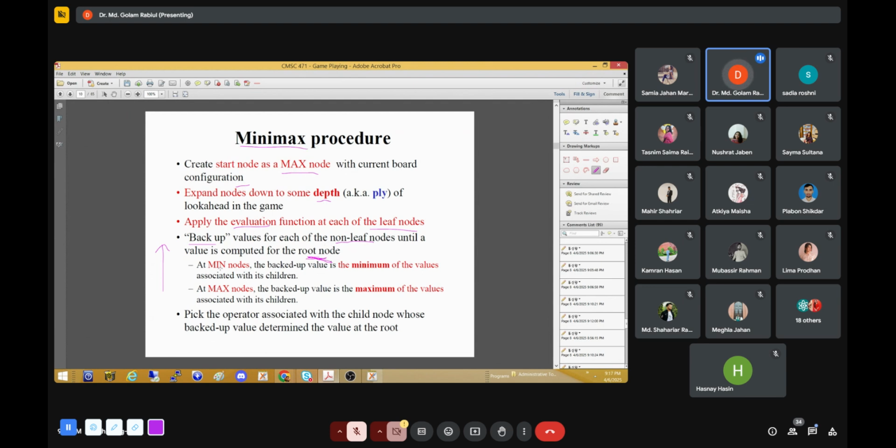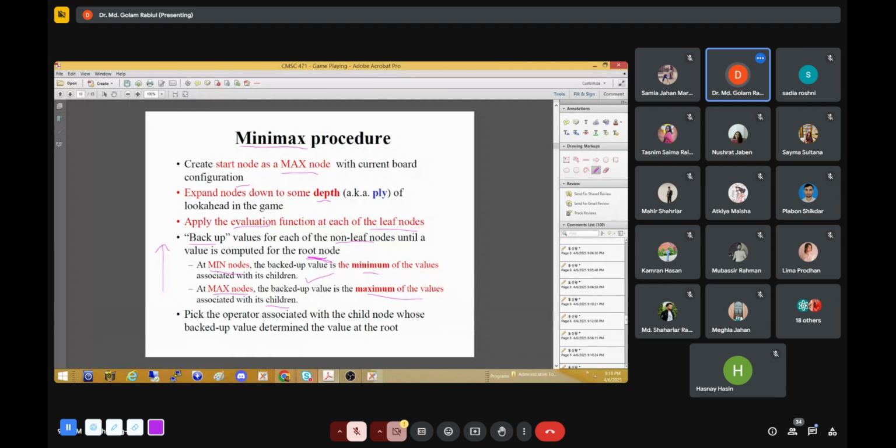So what's the procedure is at the min node, the backup value is the minimum of the values associated with its children. So that means in min node, it will try to find out the minimum values of the associated child nodes, and at max nodes, the backup value is the maximum of the values associated with the children. Okay, so that is the max values associated with the children.